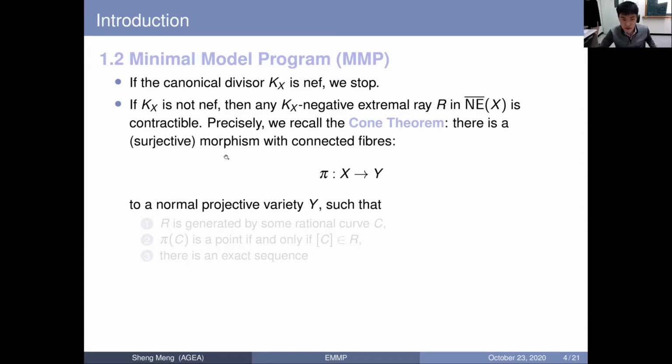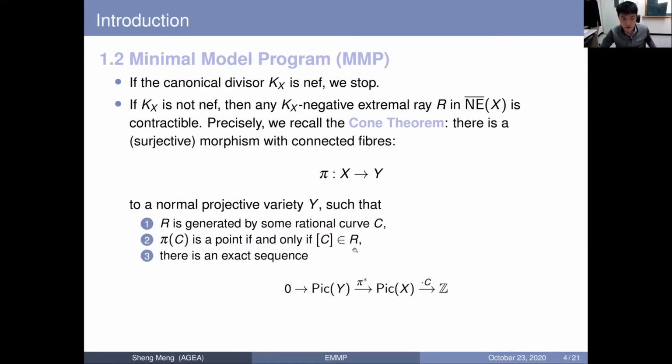So there is an algebraic fibration pi from X to Y such that the extremal ray is generated by some rational curve C, which is contracted, and the curve C is contracted to a point if and only if its class lies in the extremal ray.